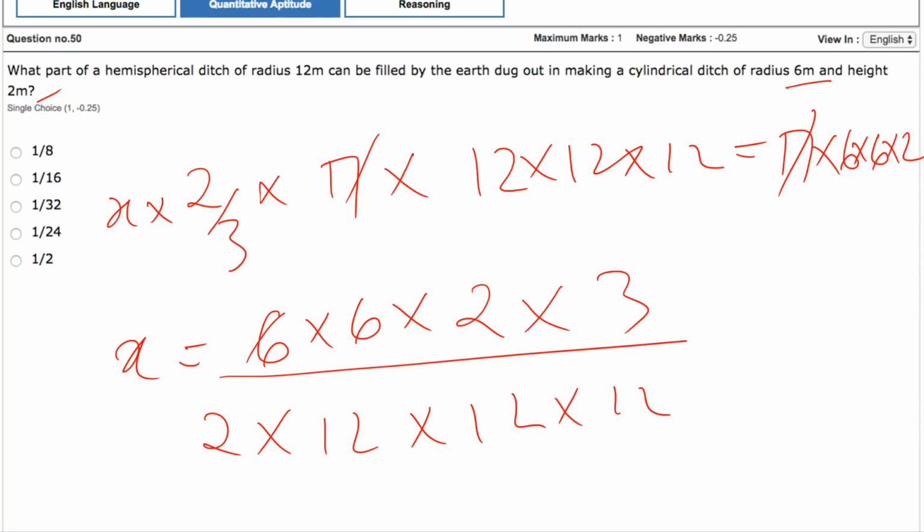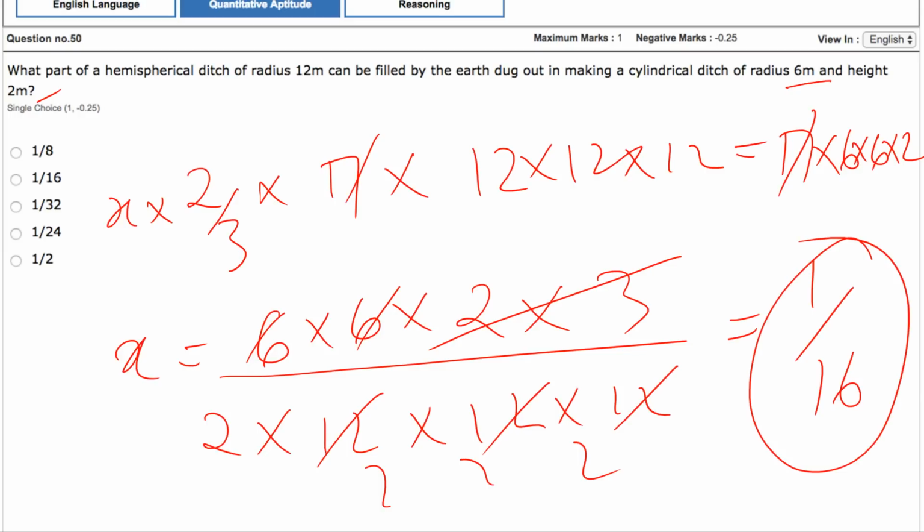So 3 6s and 3 12s, so 2 2 2, this will give me 1 by 16. I hope this is clear. Again a sitter. Yes, same logic, yes, you can do it, no problem. Don't get it wrong, and get it in less time. That is our only concern.